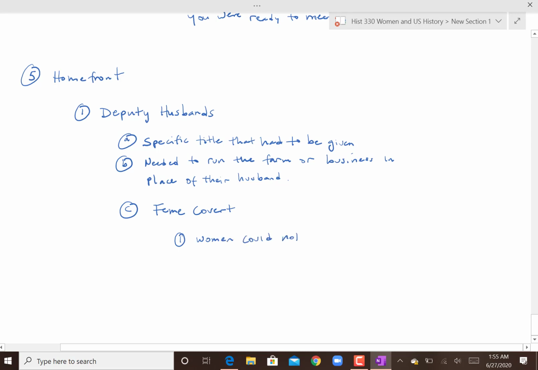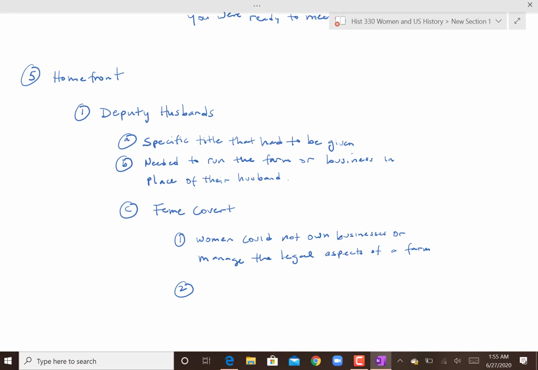So women could not own businesses or really manage the legal aspects, because they could be at the farm and just keep doing stuff. The legal aspects of a farm or business, right? So whether, like I said, that's purchasing certain things, paying employees, all of that kind of needed a legal backing.